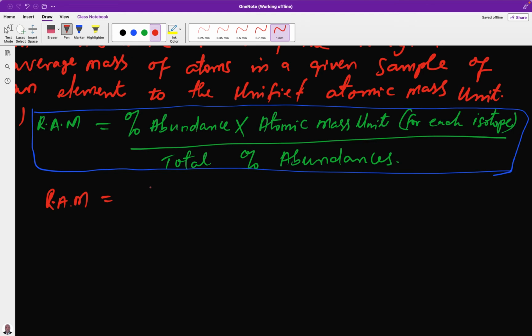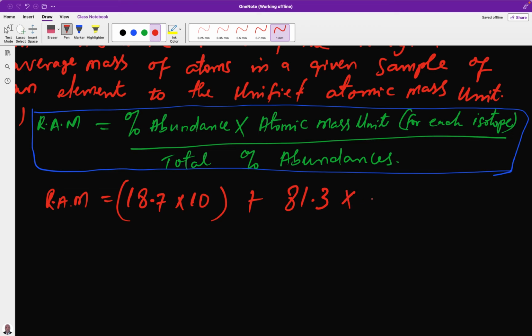So applying this here, we will say the relative atomic mass of boron will be what? Boron 10 had 18.7. That is the percentage abundance times the atomic mass unit, which for boron 10 is 10, plus boron 11, the percentage was 81.3.